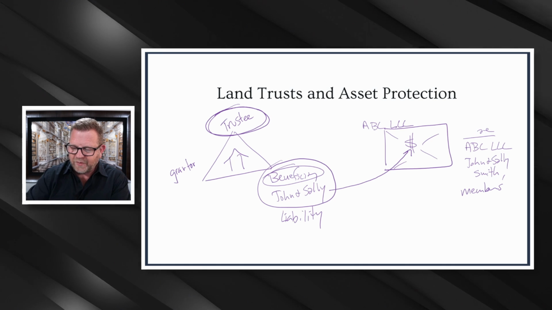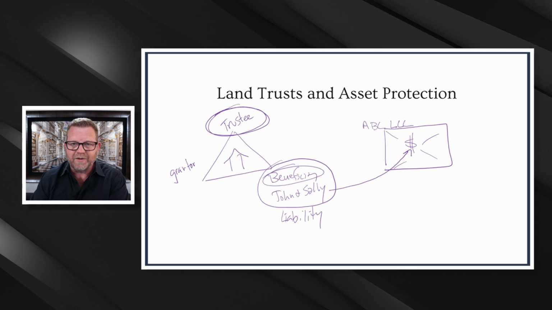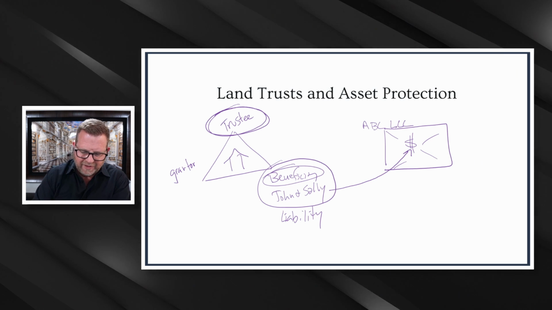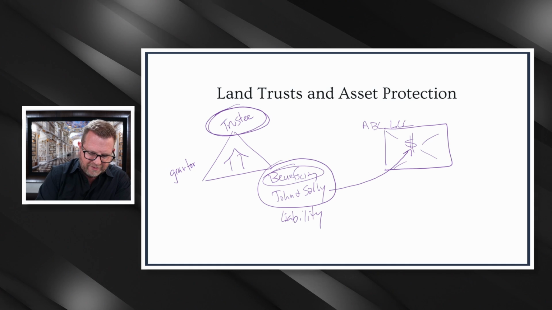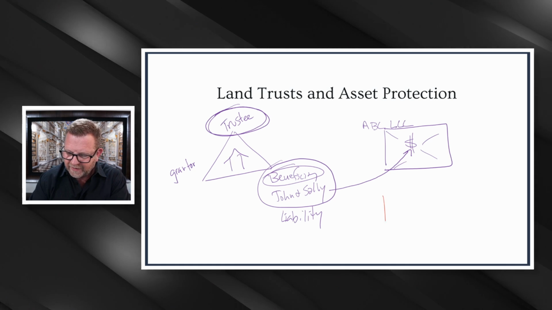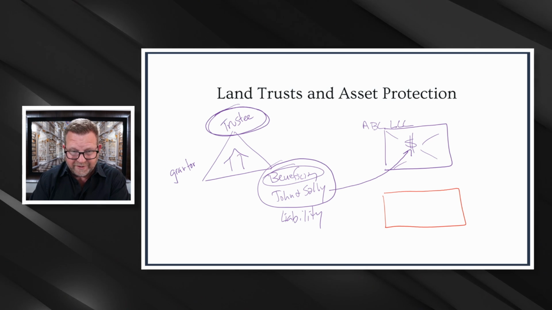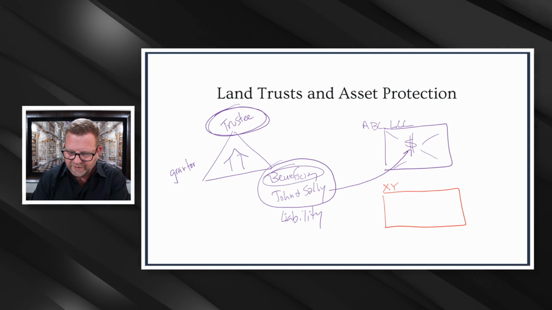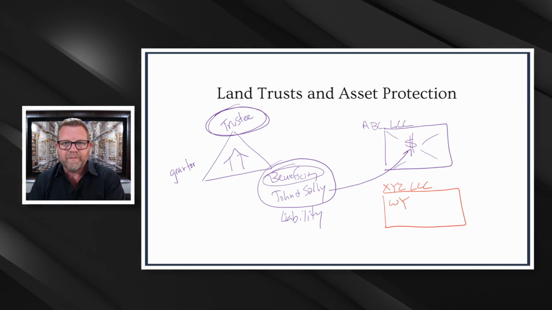But now, this is what I like to do. And if we want to keep our name off of a public record, this is how we do it. If I want to really take this to another level, this is what I do. Here, let me get a color that you can see. I would set up an LLC, and let's just call it XYZ LLC, and I would set it up in Wyoming.